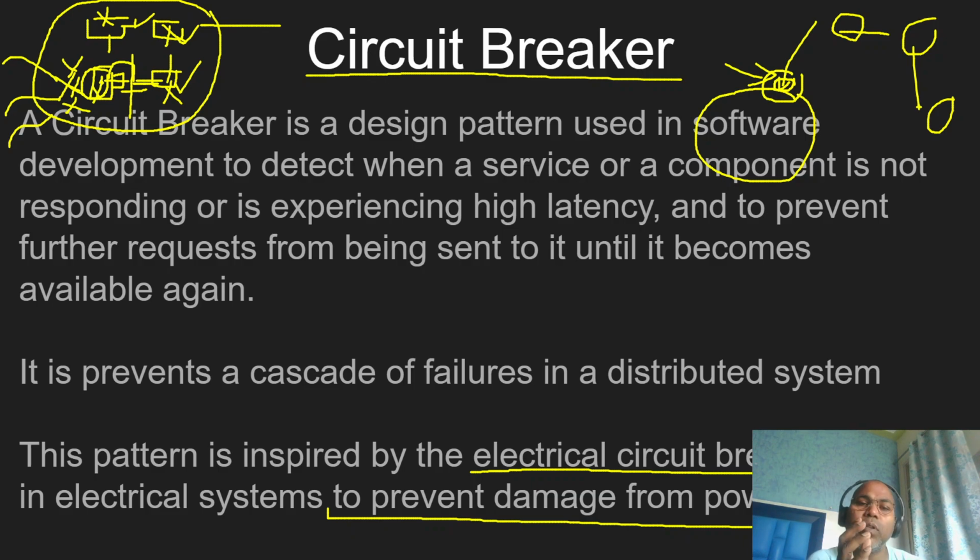So the same concept is what we have implemented in our electric systems, in the circuit. That means for a particular region, house or building, we stop the power supply so that this problem does not propagate everywhere.